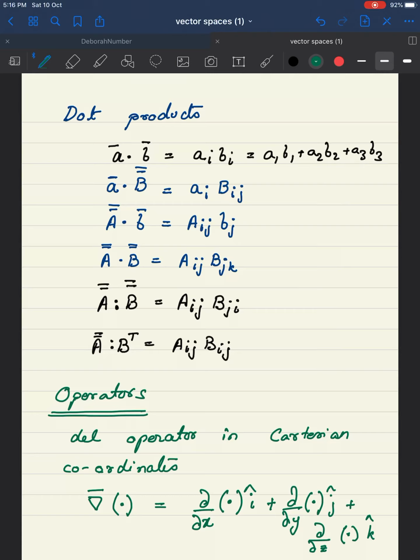Now, sometimes it is much easier to understand operators if you pretend that they are also vectors, which is why I have added this hat, this bar over it, because although it is not a vector, pretending that it is a vector can be very helpful in remembering how it really works.